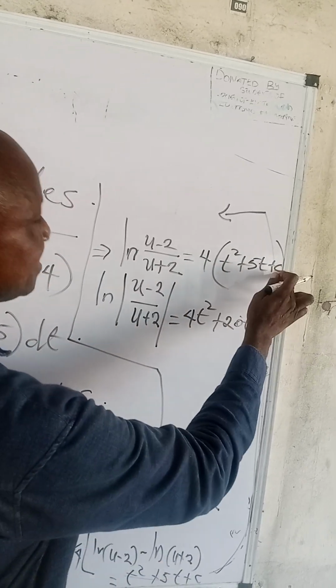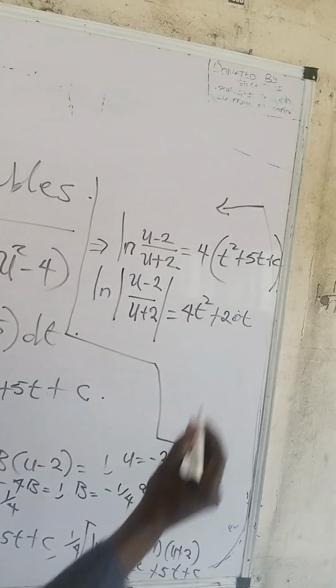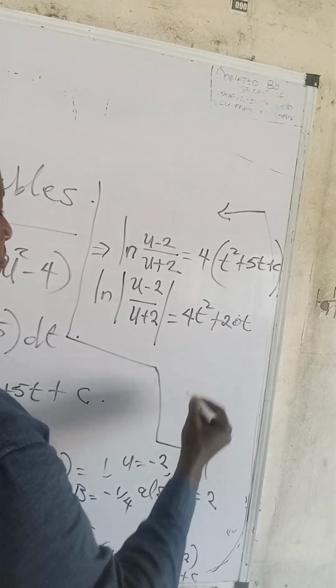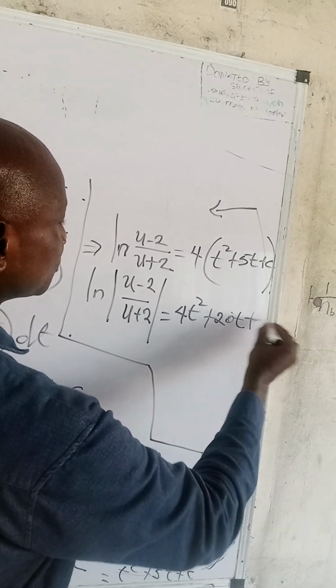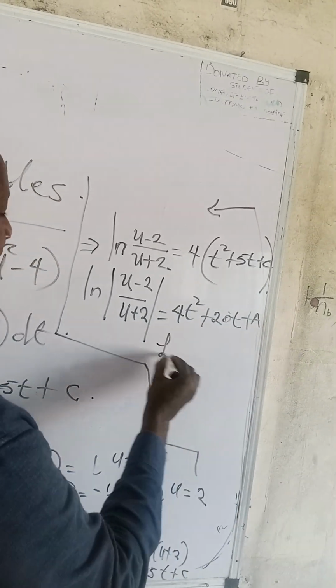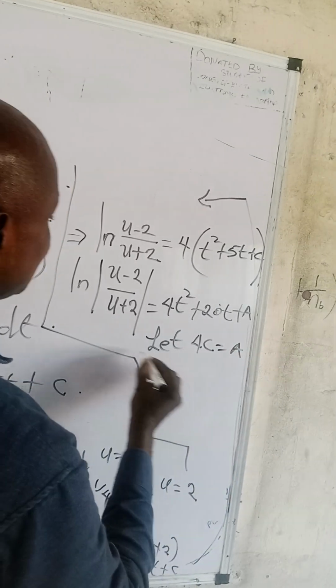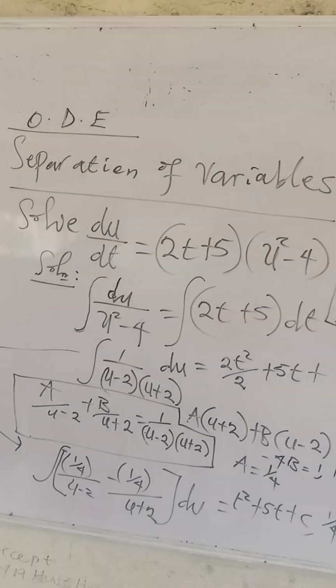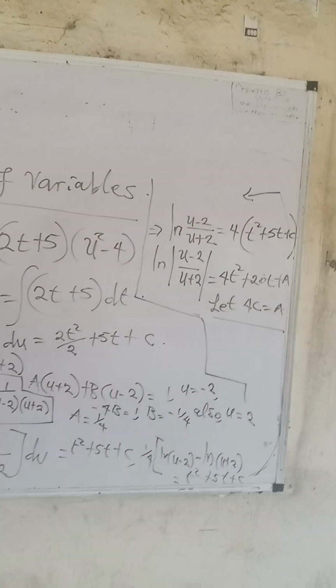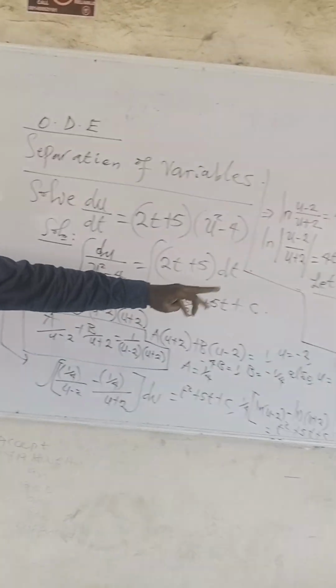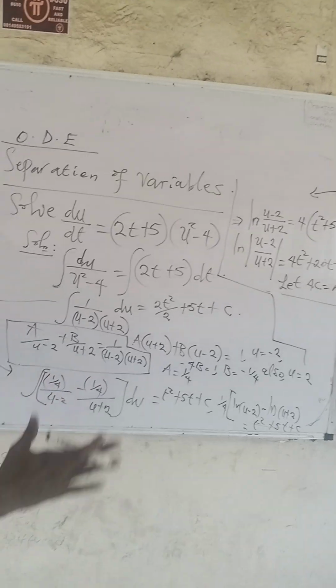Now, 4 multiplied by c will be 4c, but in ordinary differential equations, 4c could give us A. You can say let 4c equal A. So take note of the symbolic presentation of A, which replaces 4c in that expression.